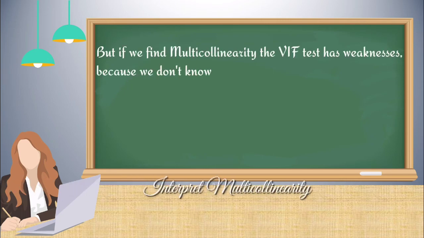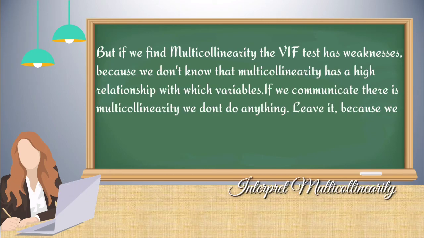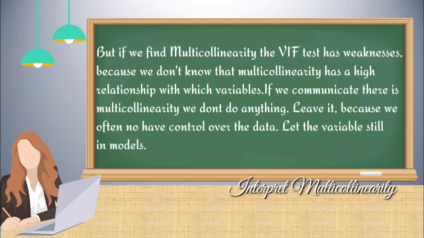But if we find multicollinearity, the VIF test has weaknesses, because we don't know which variables have a high relationship. If we find multicollinearity, we don't do anything. Leave it, because we often don't have control over the data. Let the variables stay in the model.